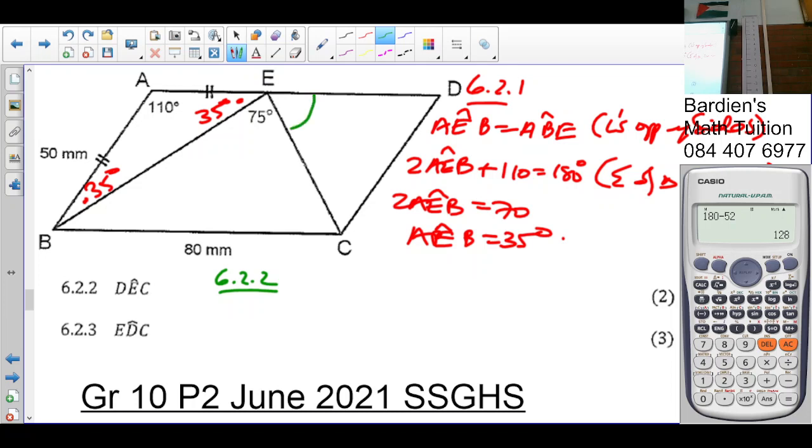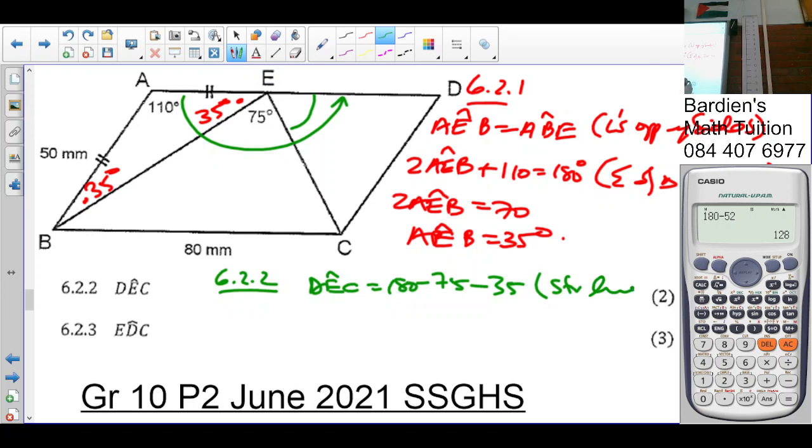Are we going to calculate this angle? Angles on a straight line. So DEC is equal to 180 minus 75 minus 35. Why? Because that's angles on a straight line. So that gives us an angle of 70 degrees. Is that correct? You sure? 70 degrees.